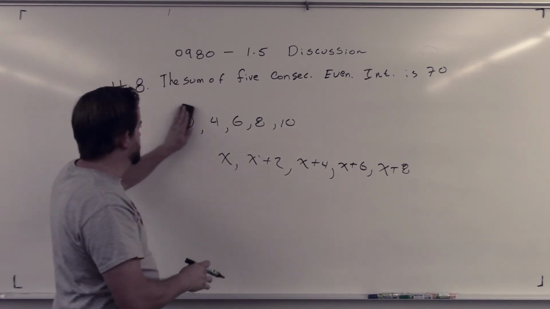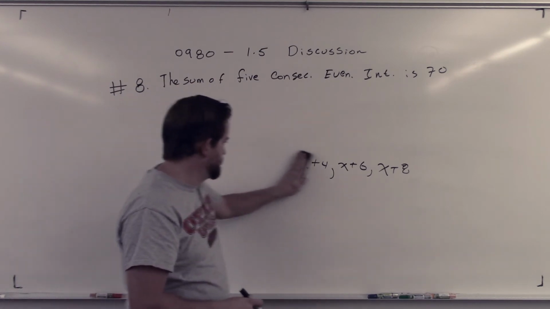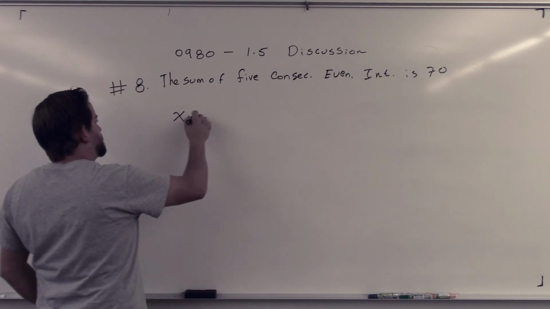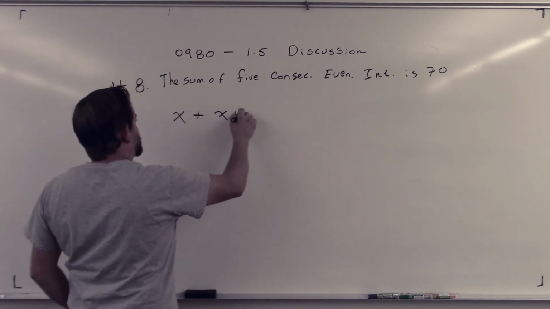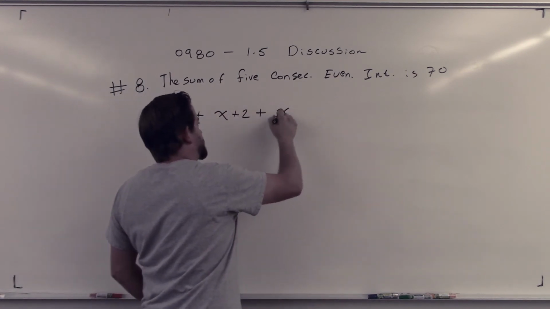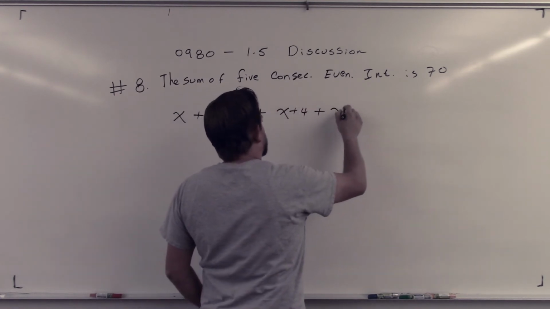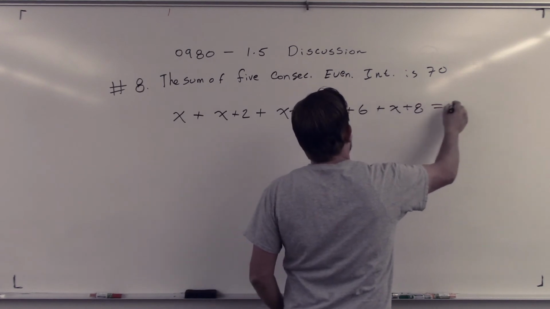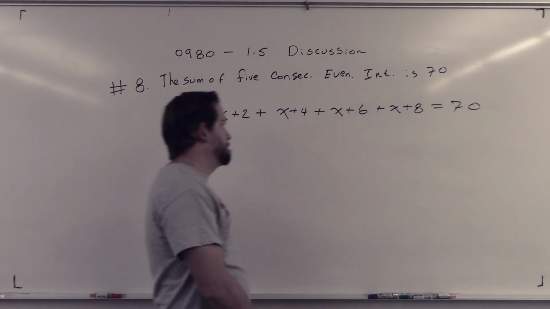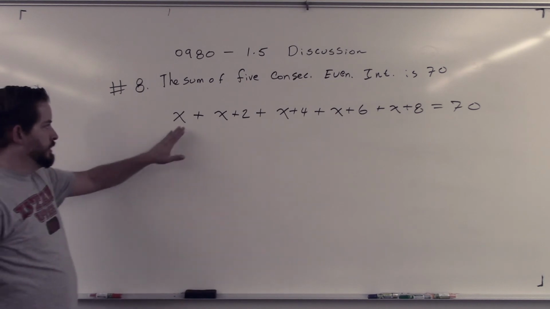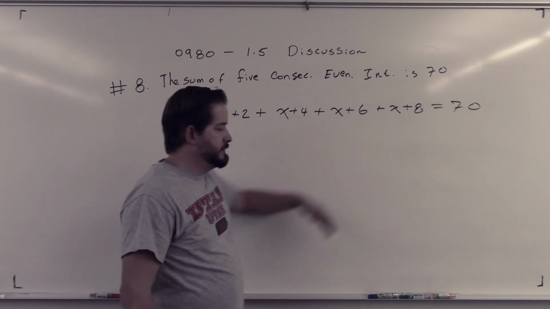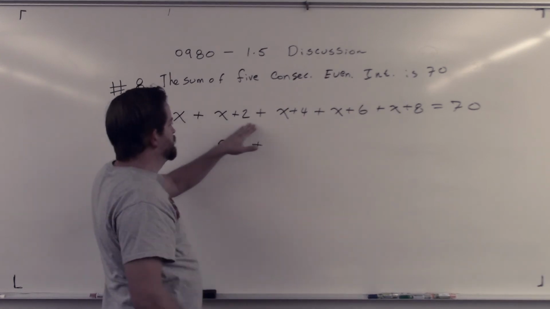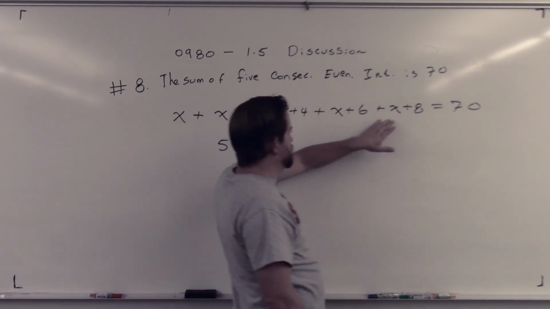So I'm going to erase this, just to give myself some space to work here. That means x plus, the next one is x plus 2, plus the next one is x plus 4, and then x plus 6, and then x plus 8. That equals 70. I've got 1, 2, 3, 4, 5 x's, plus 2 plus 4 is 6, plus 6 is 12, plus 8 is 20.